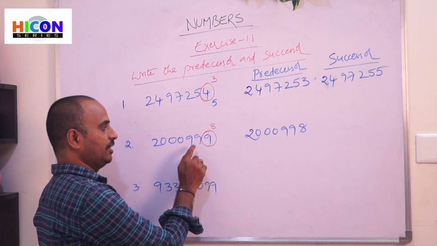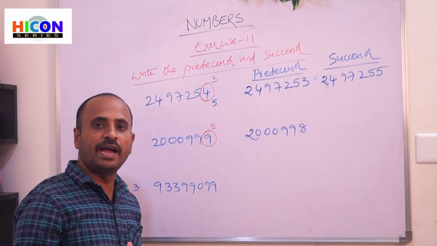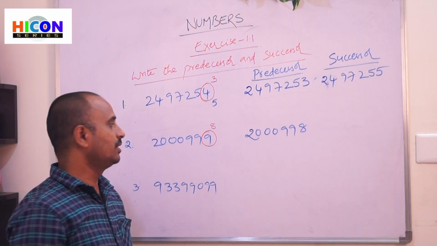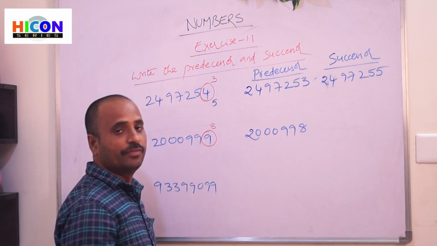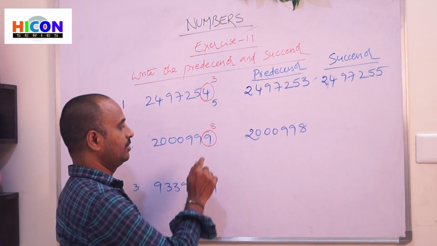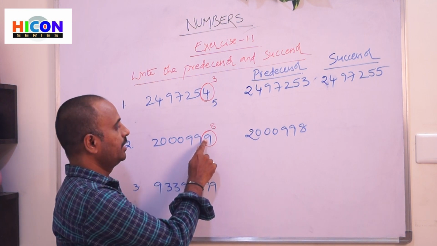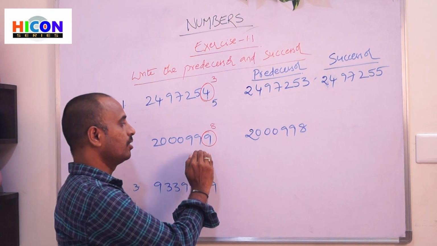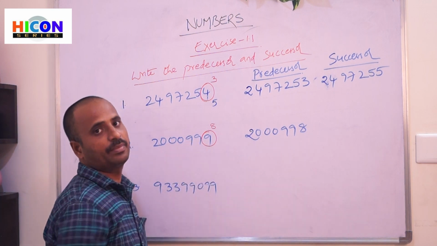Now write the successor for this number. How can we get the successor? If you add 1 to the given number, we will get the successor. So how can we add 1? Again take the last digit, that means the digit present in the ones place. Here the last digit is 9. Now add 1, that means write its after number.